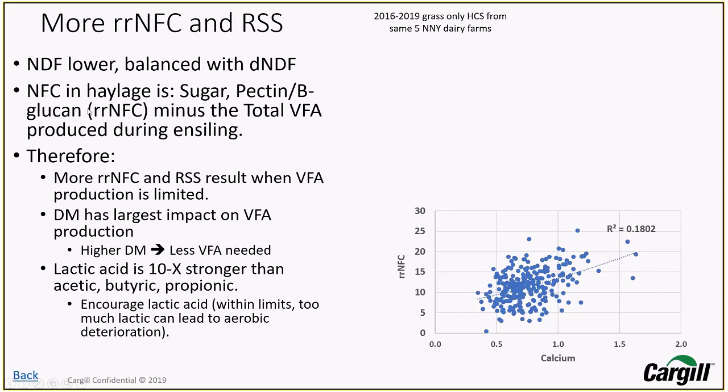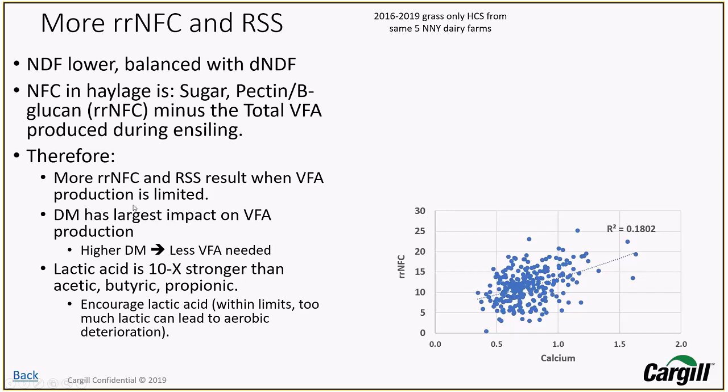This is in the cell contents, that's the lining. And then we're going to reduce it by the total VFA that was produced during ensiling in order to get the rumen residual. So the more that we can limit VFA production, the higher our rumen residual and our sugar are going to be.